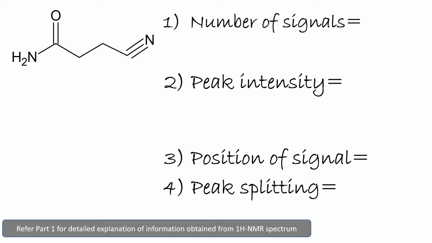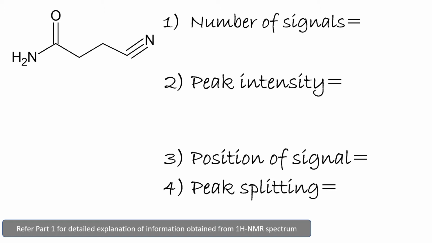Whenever I say spectrum, I mean the graph. From that NMR spectrum, we get information about these four things. These are the four important points to keep in mind whenever you are predicting the structure from spectral data, or predicting the NMR spectrum from a given chemical structure.